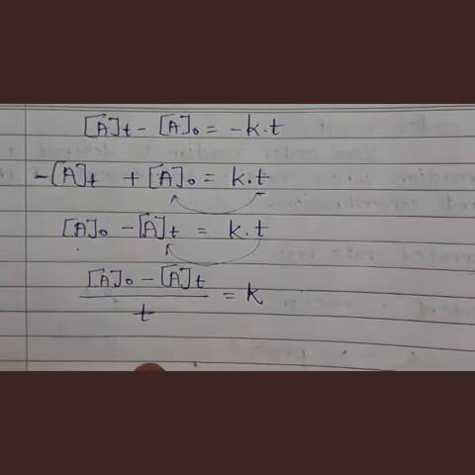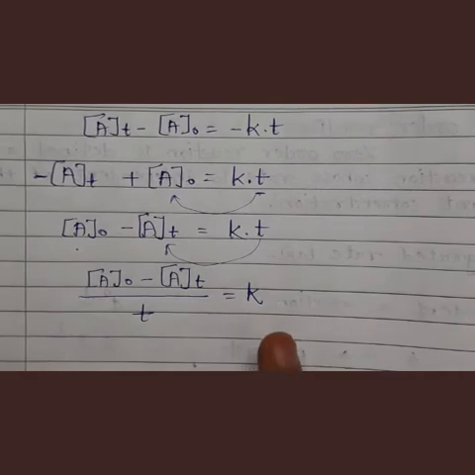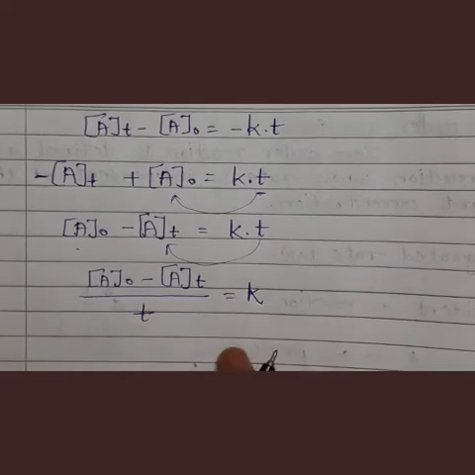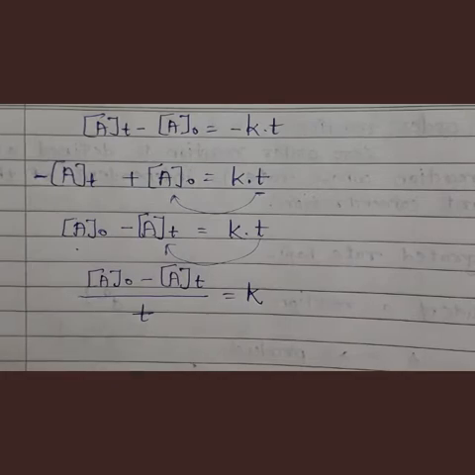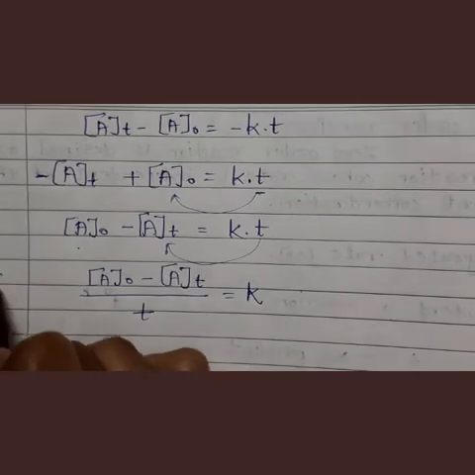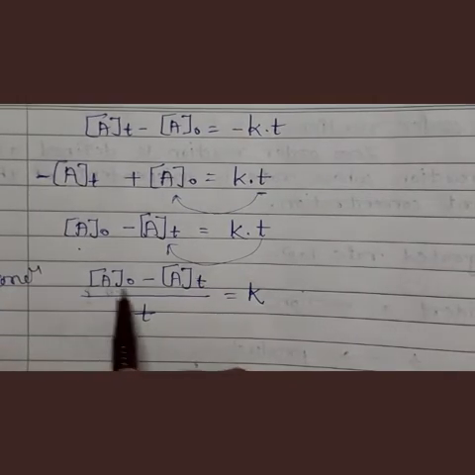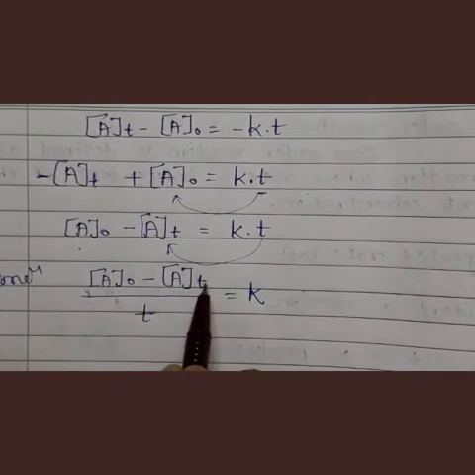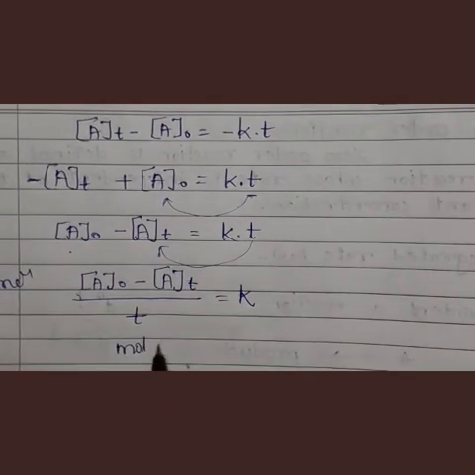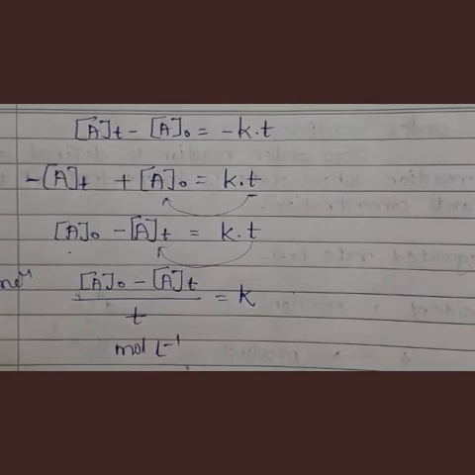Now we have to write the units for the rate constant k for zero order reactions. Same thing we have done in case of first order reaction also. So here we have to find the unit for zero order reaction. Now this term is a concentration term, right? Initial concentration and final concentration. Concentration is always given in terms of mole per liter or mole per dm cube, right?